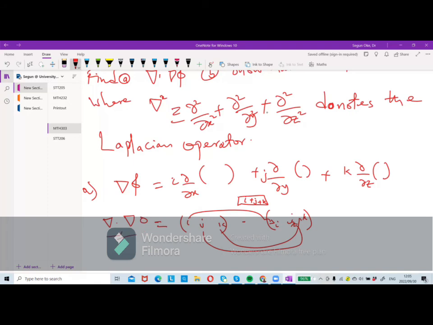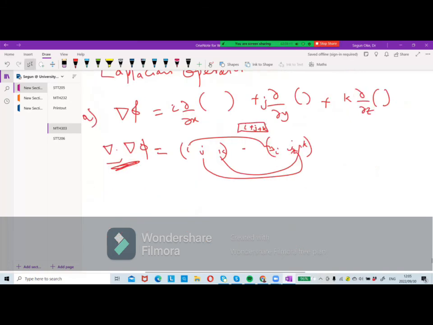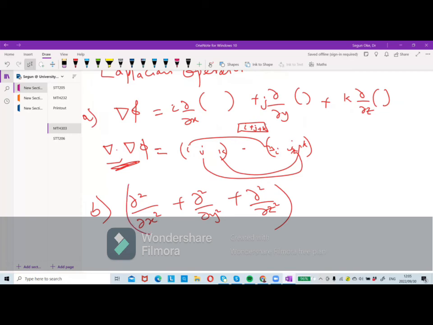That will be your final dot here for A. For B, what they want you to prove is the square, the x squared plus the square, the y squared plus the square, the z squared, everything multiplied by phi, is equal to this.